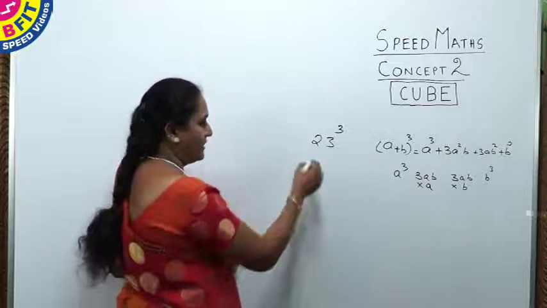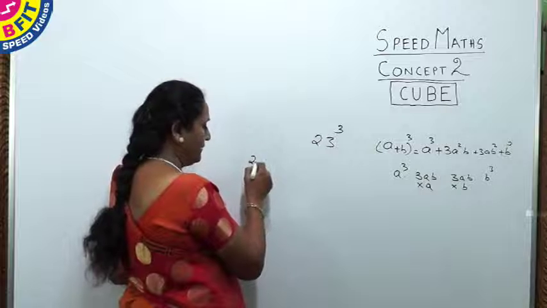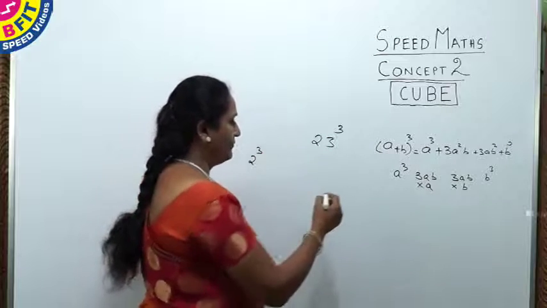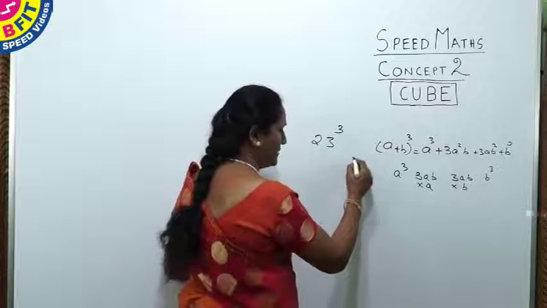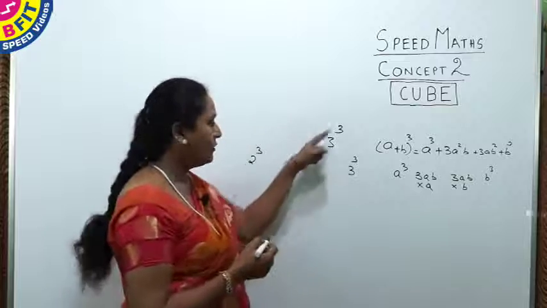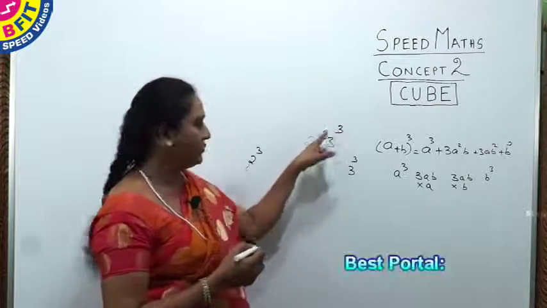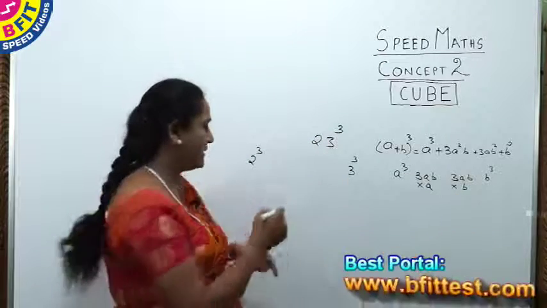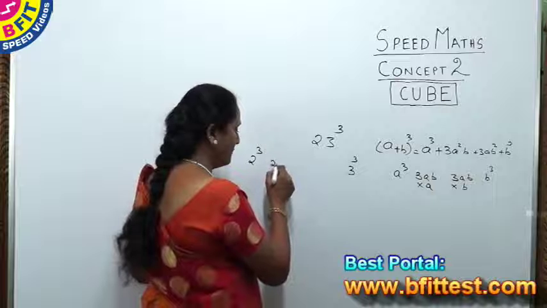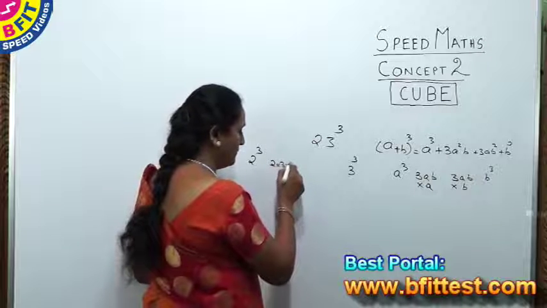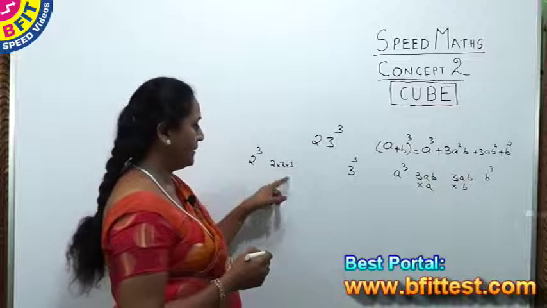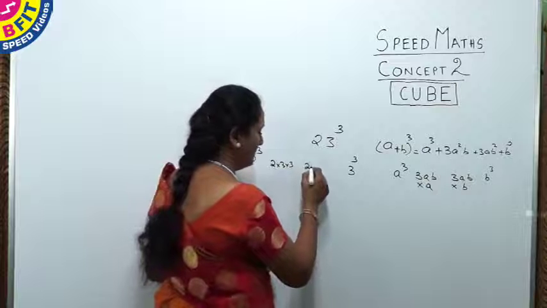Now following the same pattern, we'll write 2 cube and 3 cube on either side. And now 3ab. So what is 3 into 2? 6 into 3, it is 18. So it is 3 into ab, and repeat this again.